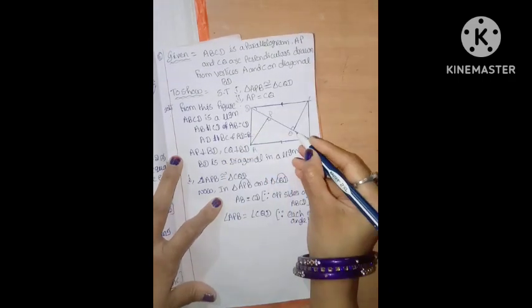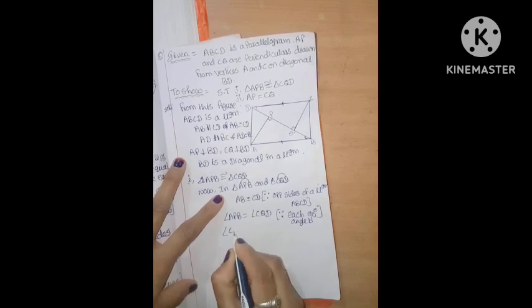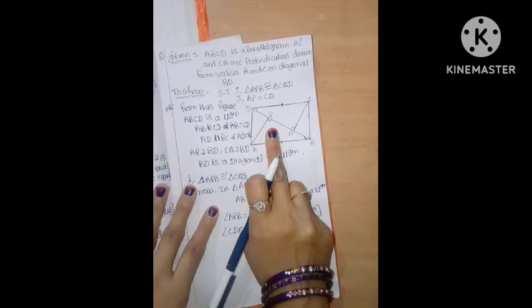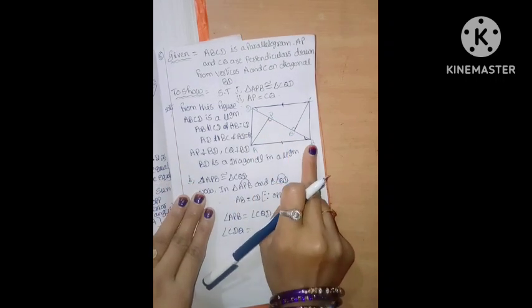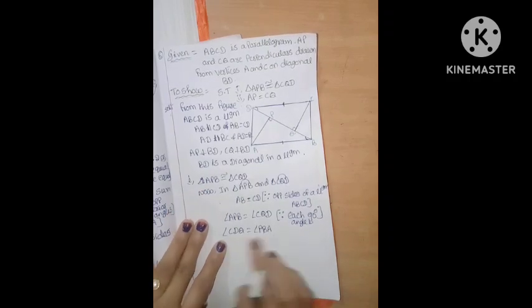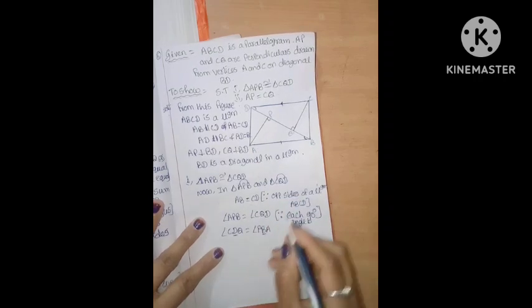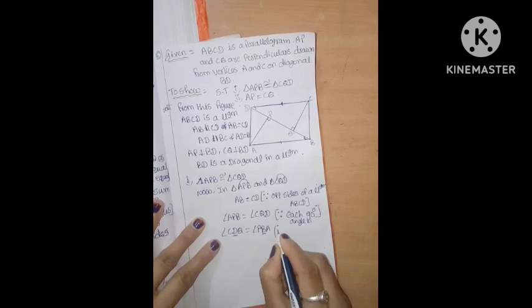What's the alternate interior angle here? Angle CDQ is equal to angle PBA. Both are equal. So angle D and angle B, these two alternate angles are equal. Why are they equal? Are you understood?